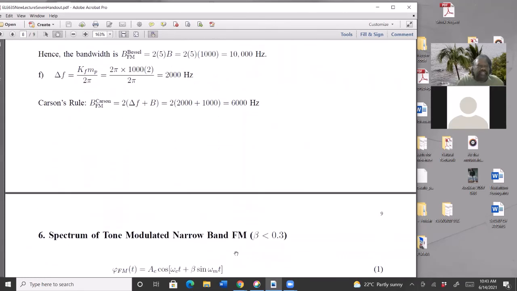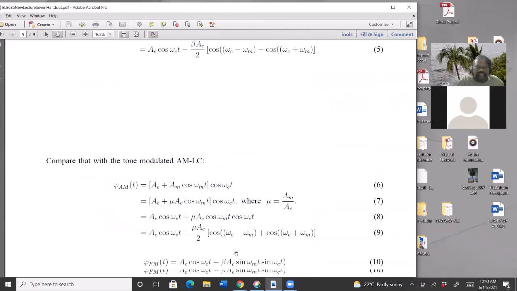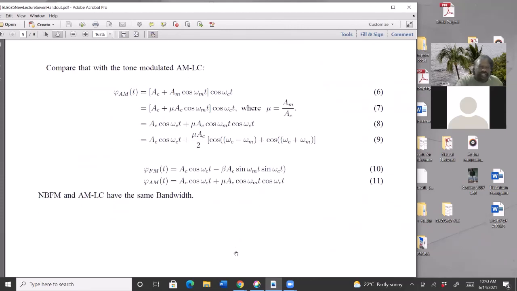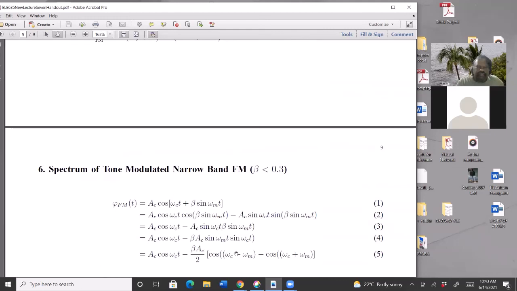Totally ignore this. I'm not going to go into this. I am totally aware that this is an accelerated course, so please ignore section 6.